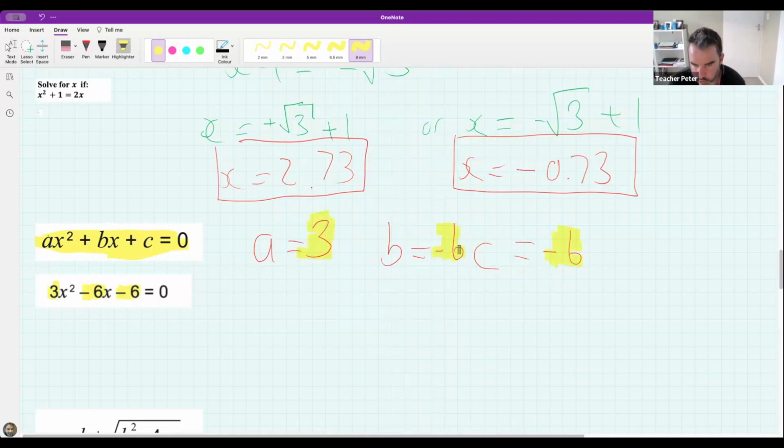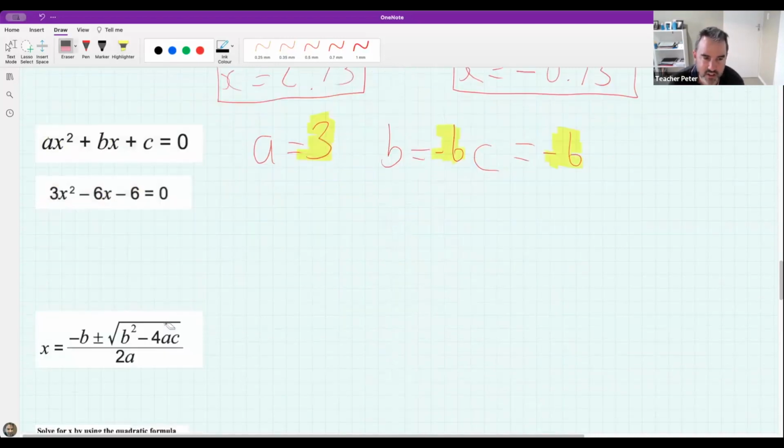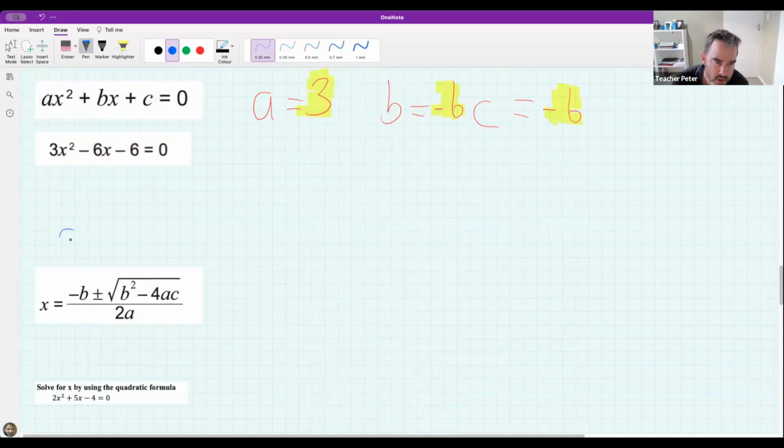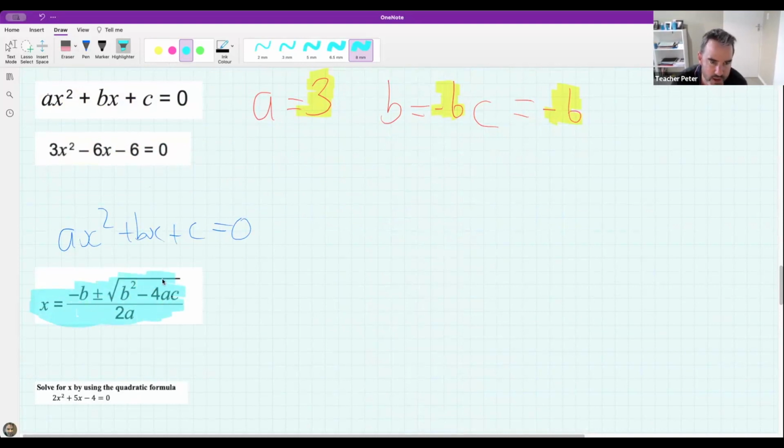Okay, so what is the quadratic formula? It takes the standard form, ax squared plus bx plus c equals 0, and applies completing the square. By using the completing the square process, we get this formula: x equals minus b plus or minus the square root of b squared minus 4ac, over 2a.